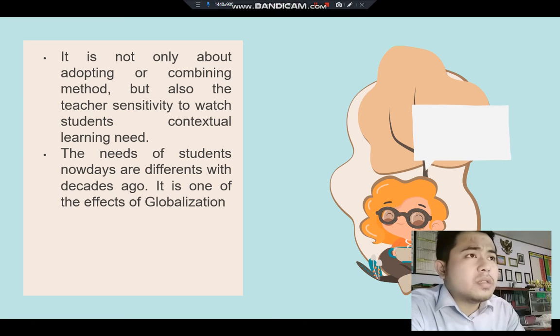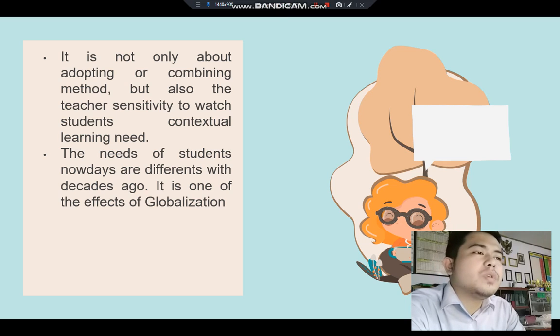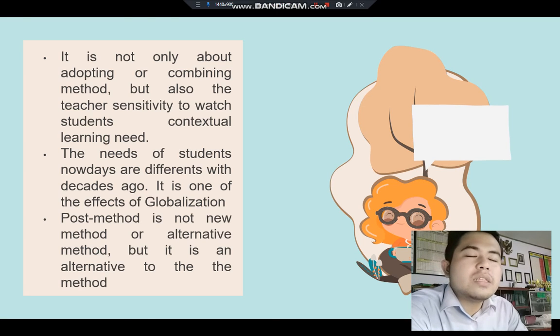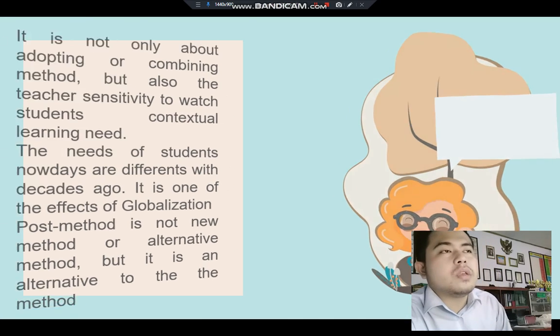And also because of globalization, the needs of learners are various and have to be comprehended and processed toward the learning itself. And the last, post-method is not a new method, is not an alternative method, but an alternative to the method.